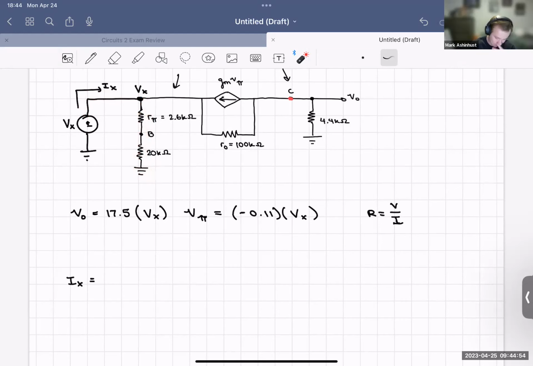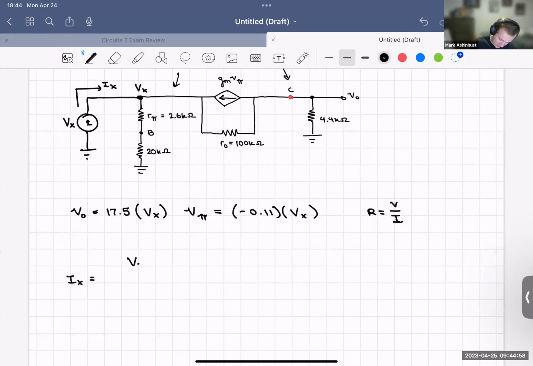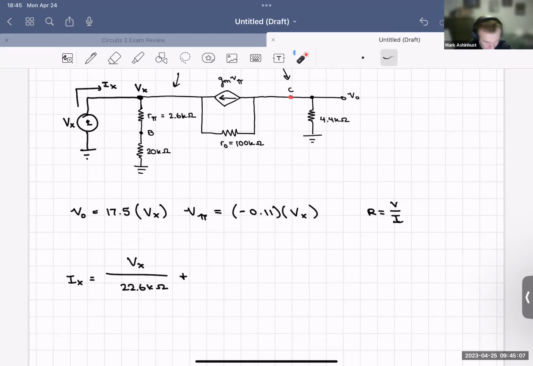So we have Ix is equal to Vx over 22.6 kilo ohms. And then we have another current that we have going out here. We have Vx going out over the 100K, all the way to V out. And then we have our gm V pi. Those are going to be the other two.